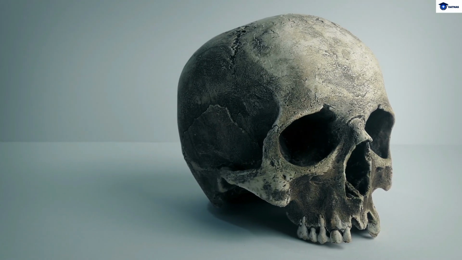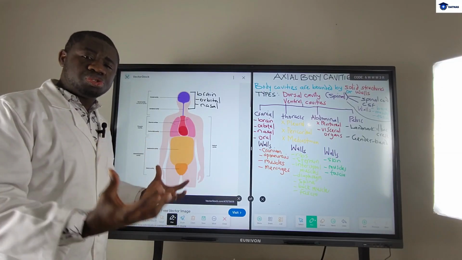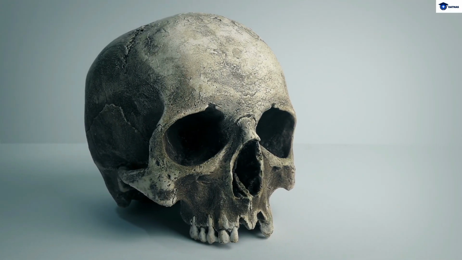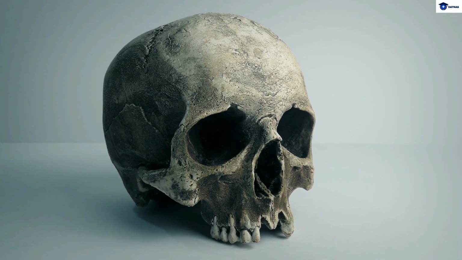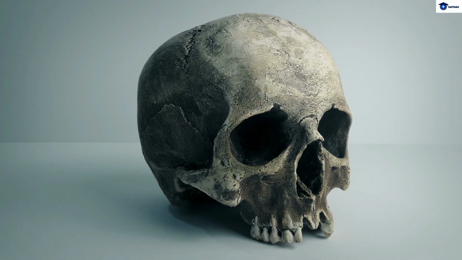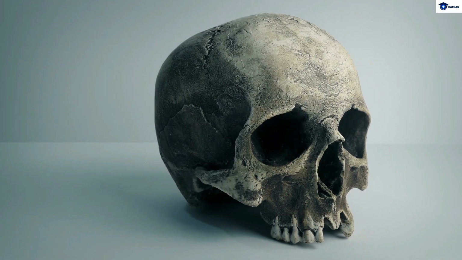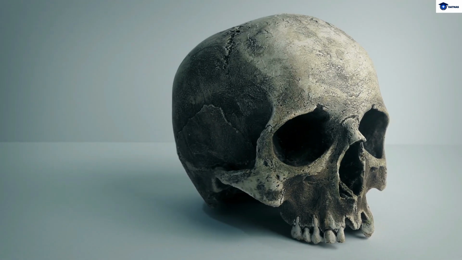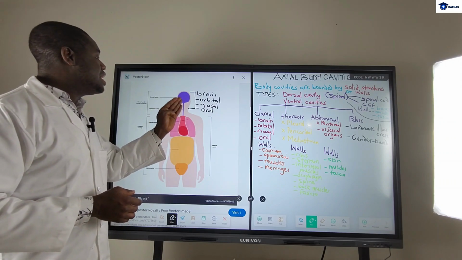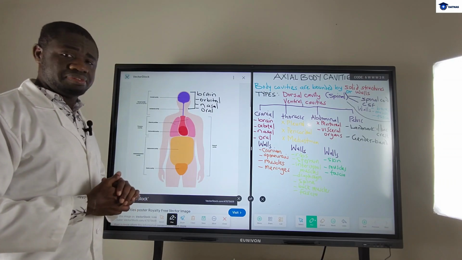The nasal cavity contains the structures of the nose. And we have the oral cavity. The oral cavity contains the structures within the mouth. So these are the smaller cavities that we can find in the cranial cavity.